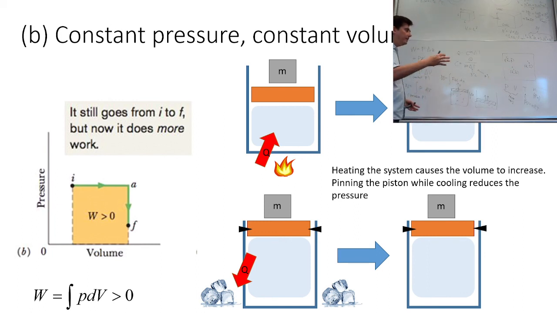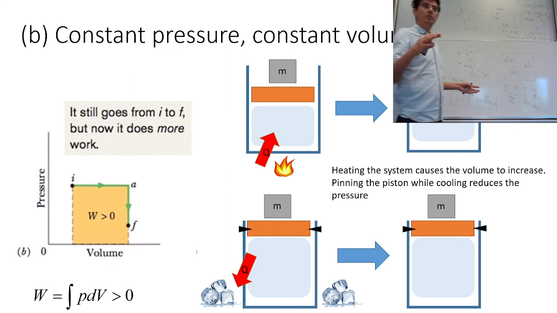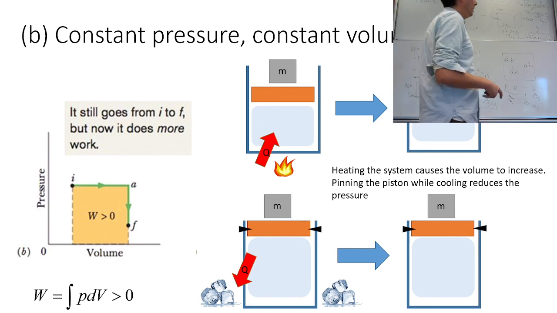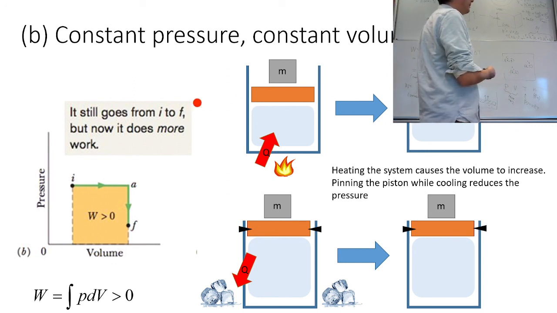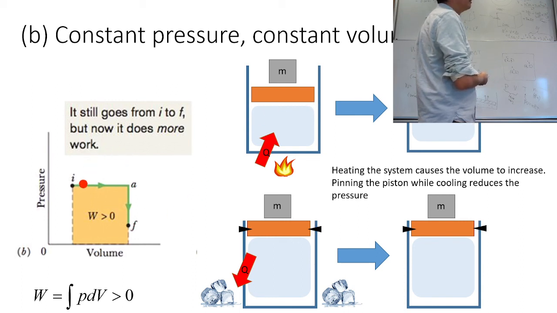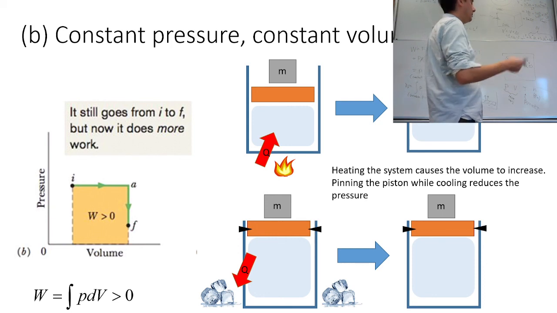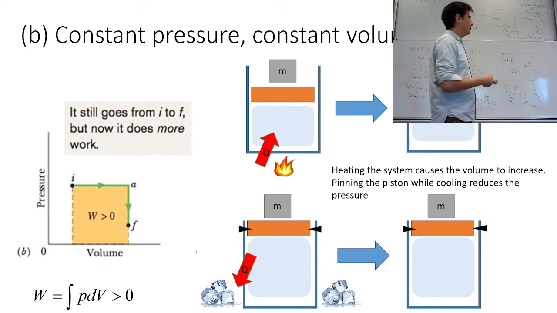So it will expand, but it will expand at constant pressure. And so that's the first leg of this change. Now the second leg is when we're going to drop the pressure, but the volume's going to stay the same.